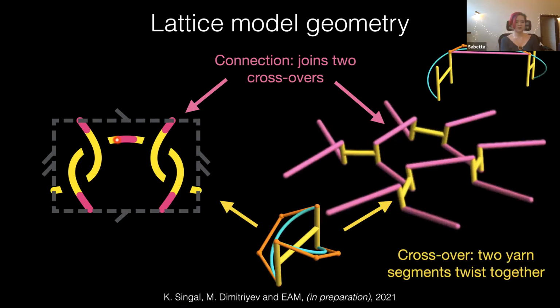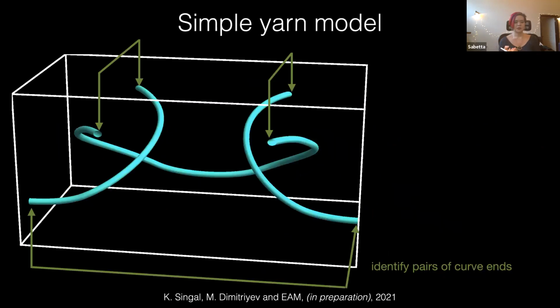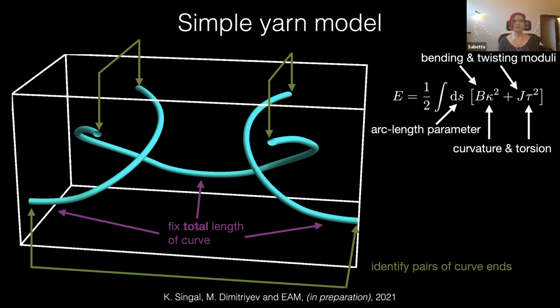And then there's free strands of yarn that connect those two regions. Then he puts this in a box with periodic boundary conditions and says the total length of the yarn is fixed. And then we use a really simple Elastica model for the energy of the yarn.